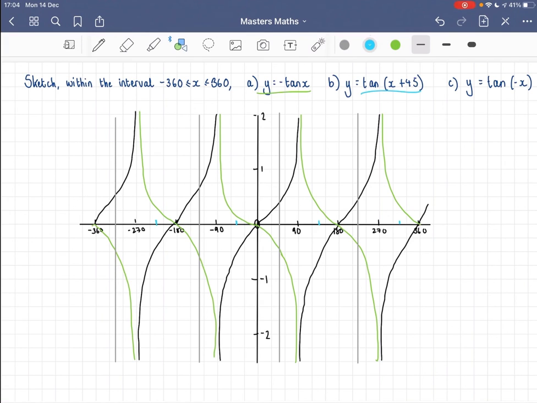Let's draw it in. So our line is going to look like that. Oh, I appear to be drawing smooth curves. Like this, and then that should be crossing that there, but you know what I mean.